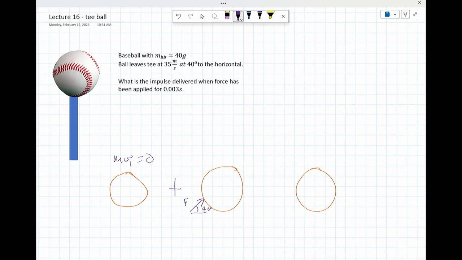So that's a plus, and that's going to equal the final velocity of the system. And you're given it leaves the tee at 35 meters per second, again at 40 degrees.